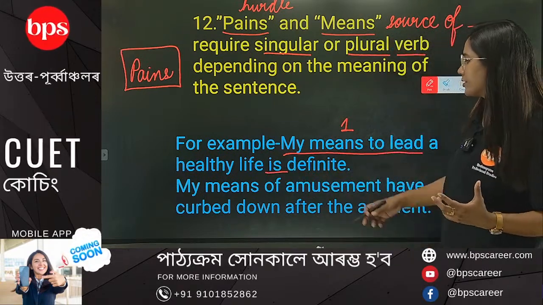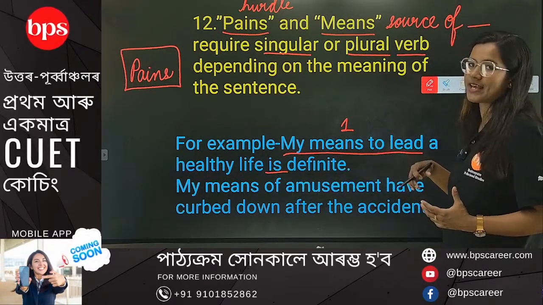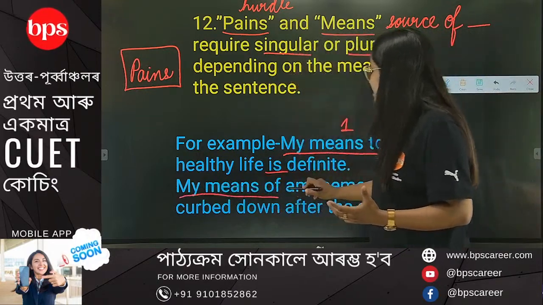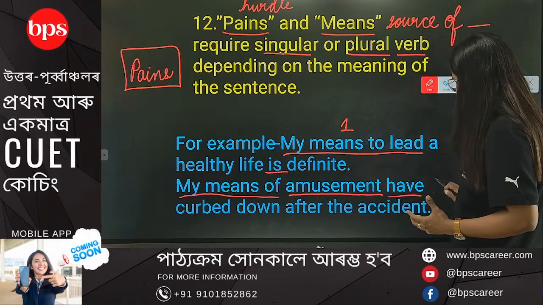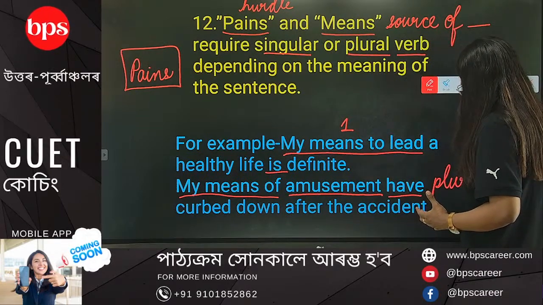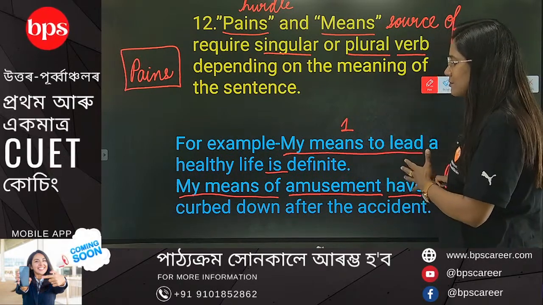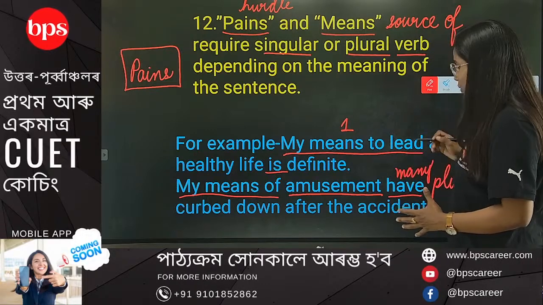So we are referring to the singular form of verb here. Again the same word, my means of amusement have curbed down after the accident. Here again the source of my means of amusement have. Now what is have? Have is always plural. So have means it is many. And what is it?